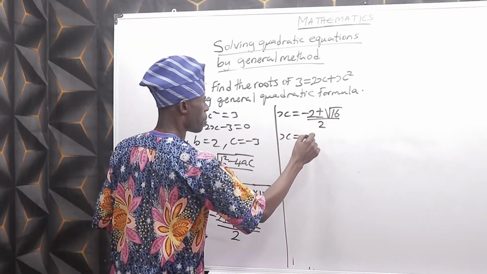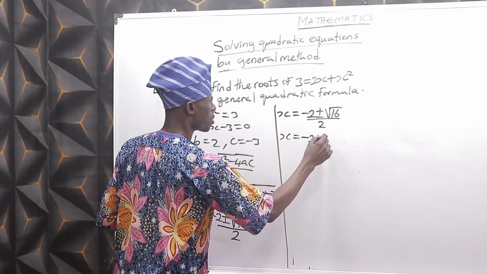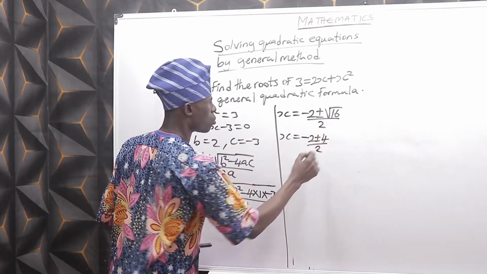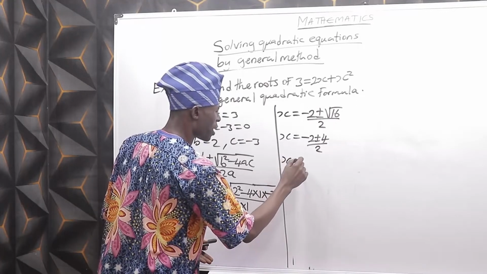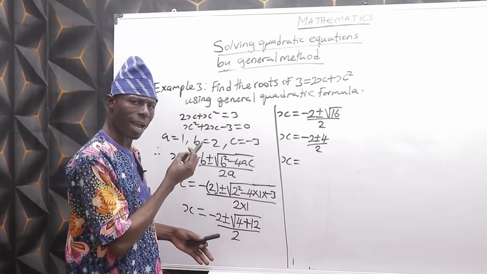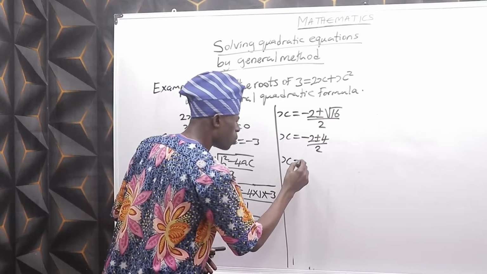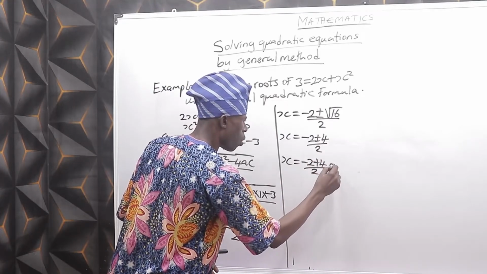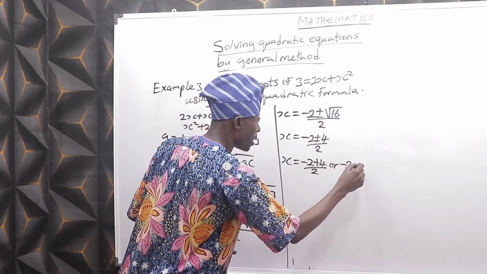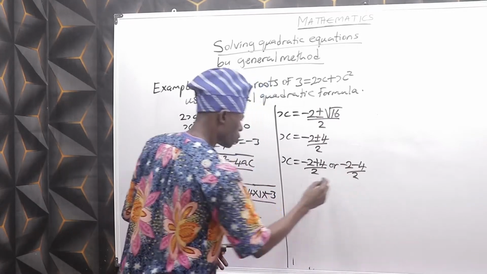X is minus 2 plus or minus 4 over 2. Square root of 16 is 4. Now, taking the two signs one after the other, we have minus 2 plus 4 over 2, or minus 2 minus 4 over 2.